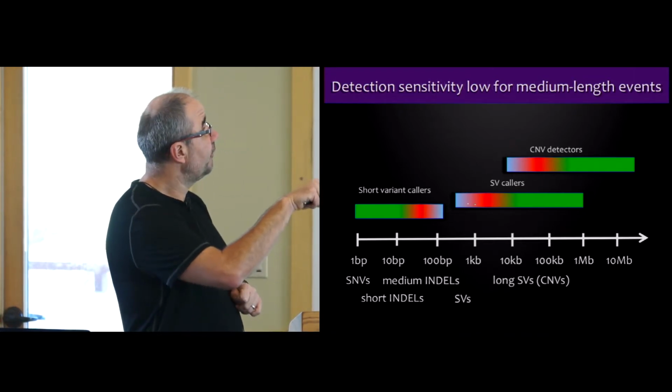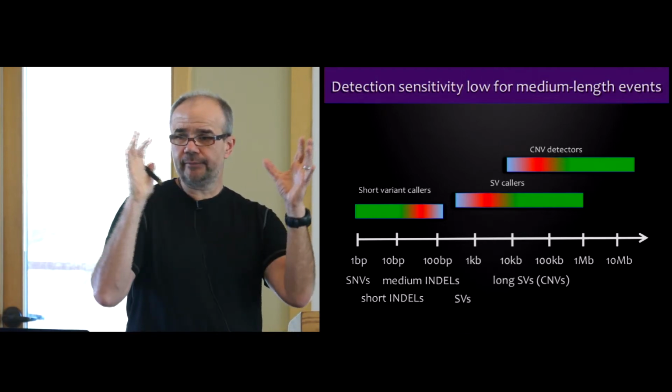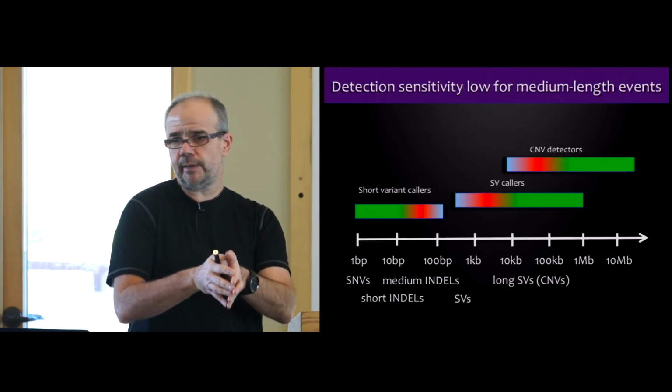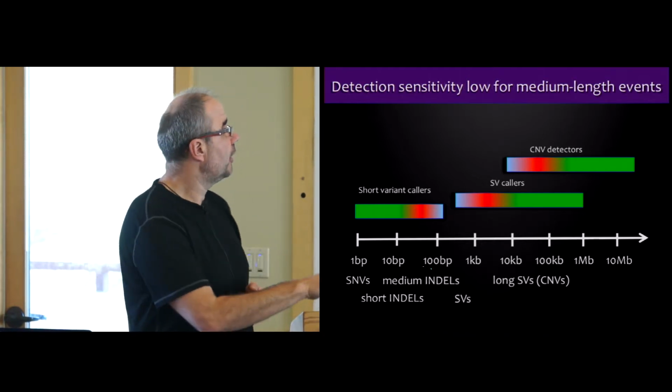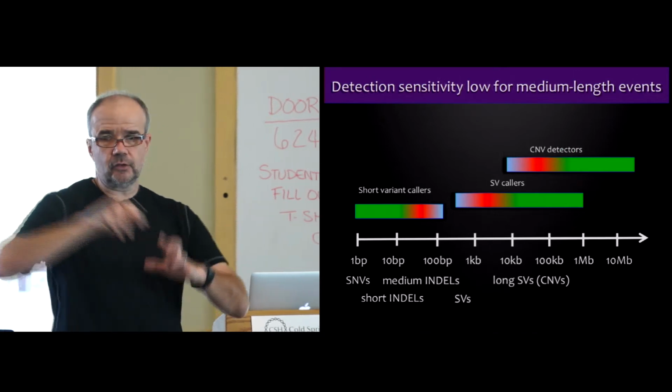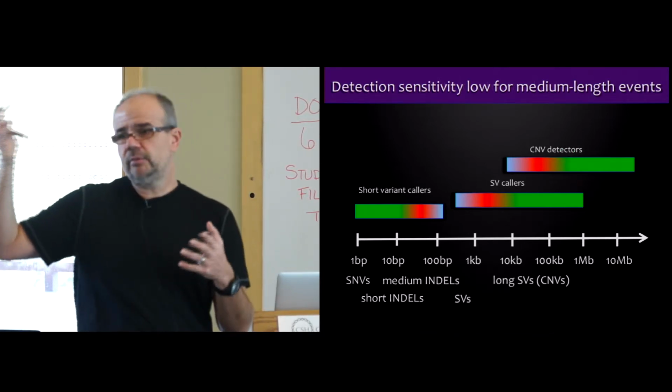Then we come into the structural variant domain, like Alu insertions, 300 base pair, deletions, 500 base pair and longer, until we come into long copy number regions, maybe megabase copy number deletion or amplification.